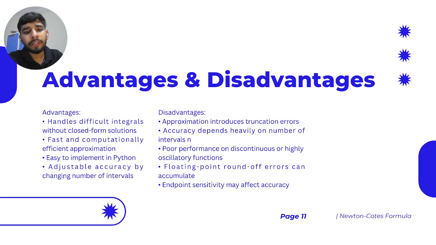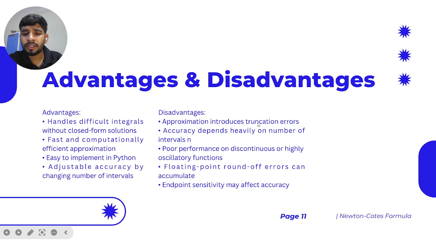Now, the advantages and disadvantages of these methods. Advantages: it handles difficult integrals without closed-form solutions, it is a fast and computationally efficient approximation, easy to implement in Python, and has adjustable accuracy by changing the number of intervals.